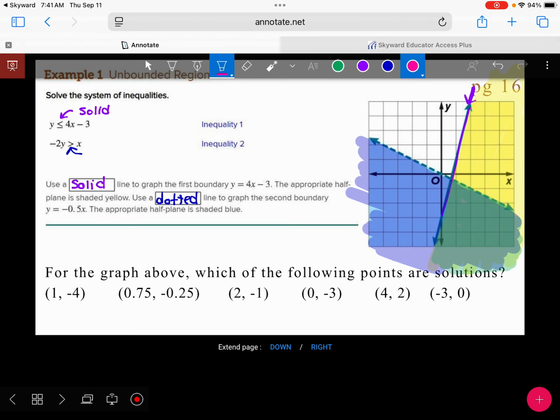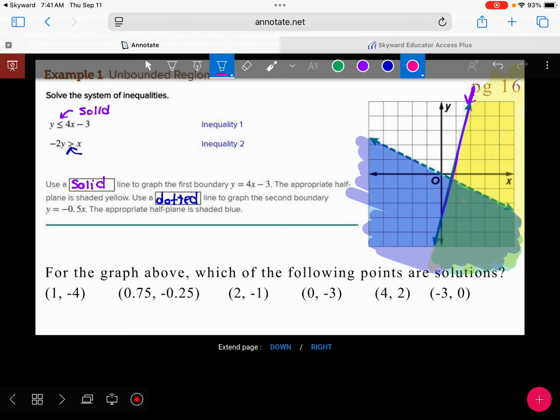So if we're looking at the point (1, -4), 1, 2, 3, 4, this guy. Is this true for the yellow shading? Is this true for the blue shading? Yes. This one is true for both. It is in both the yellow shaded area and the blue shaded area. So that one counts.